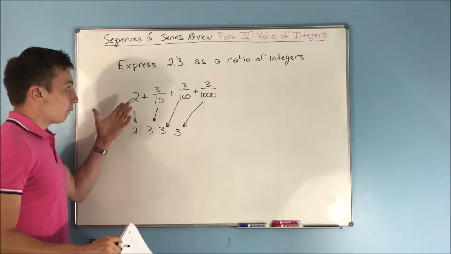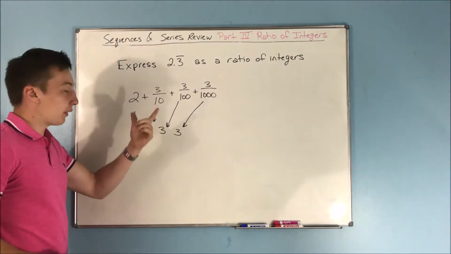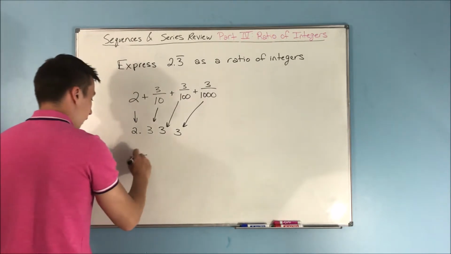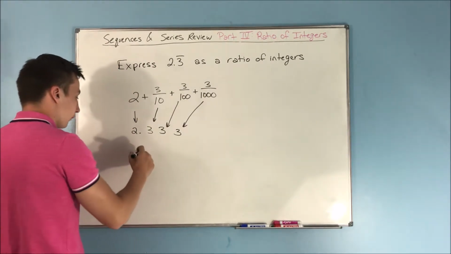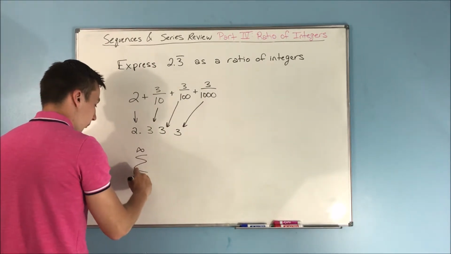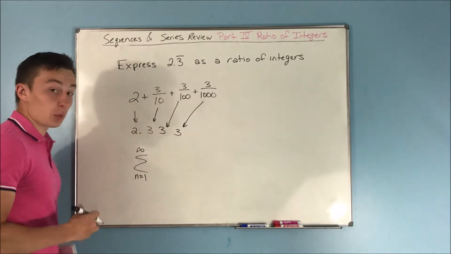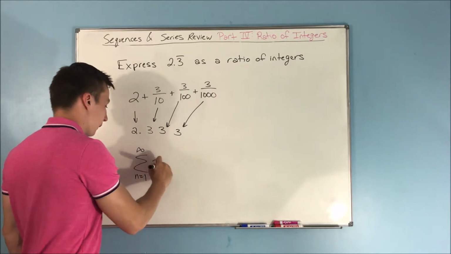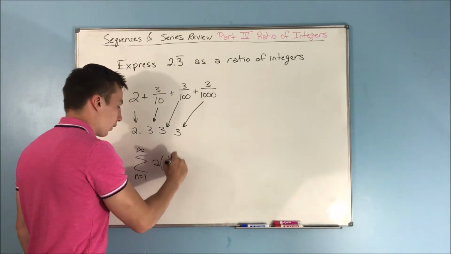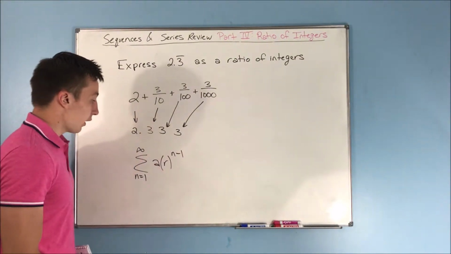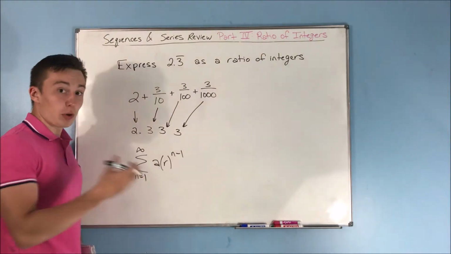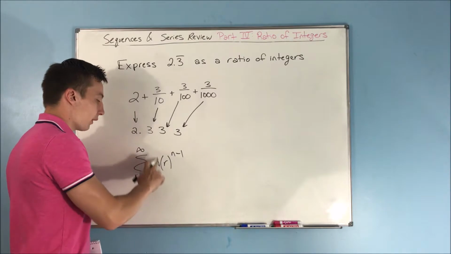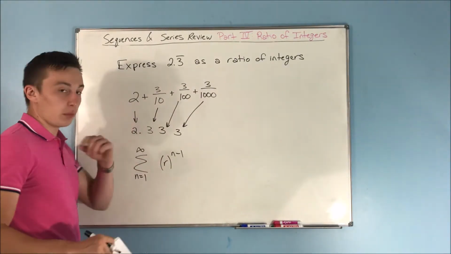Now we can represent this in our actual summation. We're going to write that as the sum from n equals 1 to infinity of, remember what this is supposed to look like, a times r to the n minus 1. Now a, or a sub 1, you might see it as either, is our first term. Our first term is not going to be 2.